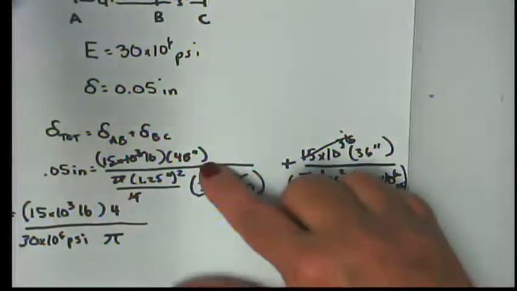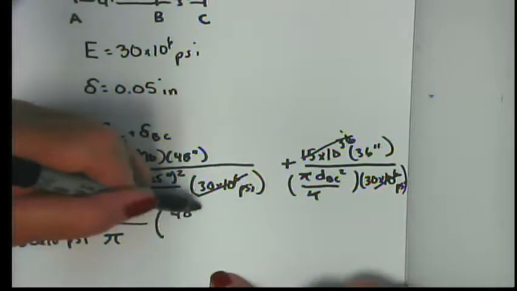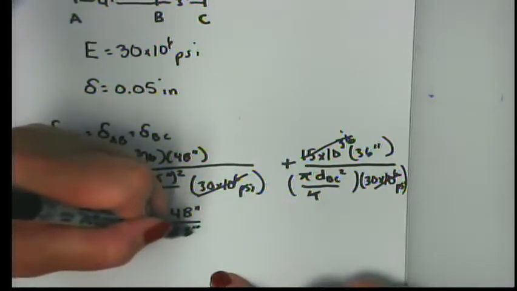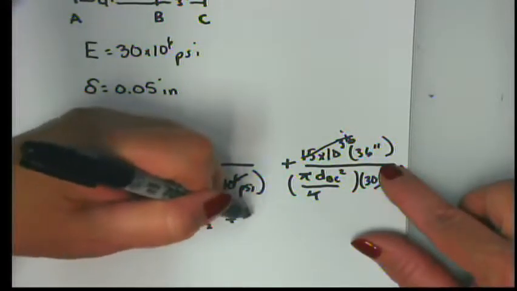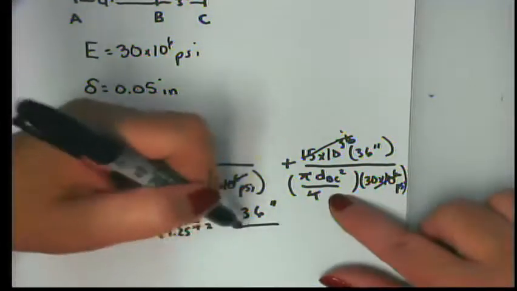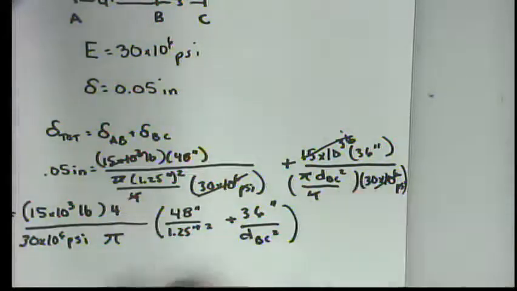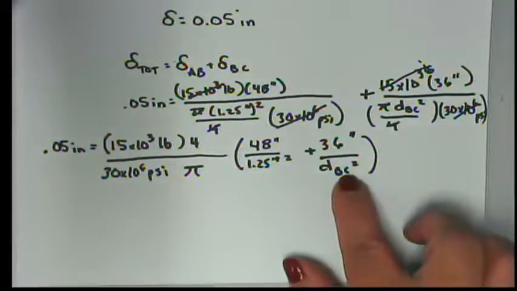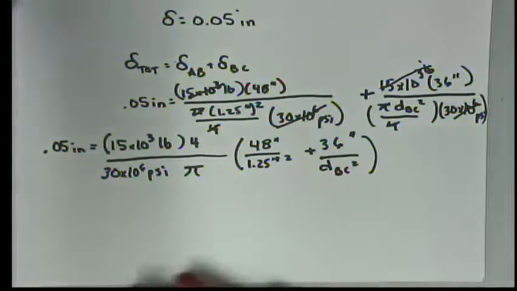Okay, so what do we have left? For our first term, we have 48 inches over 1.25 inches squared. And for our second term, we have 36 inches over my unknown d of BC squared. All right, so what I really want to solve for is the diameter of BC, and it's in a really unfortunate location, isn't it? It's not impossible, but there's a little bit of algebra.